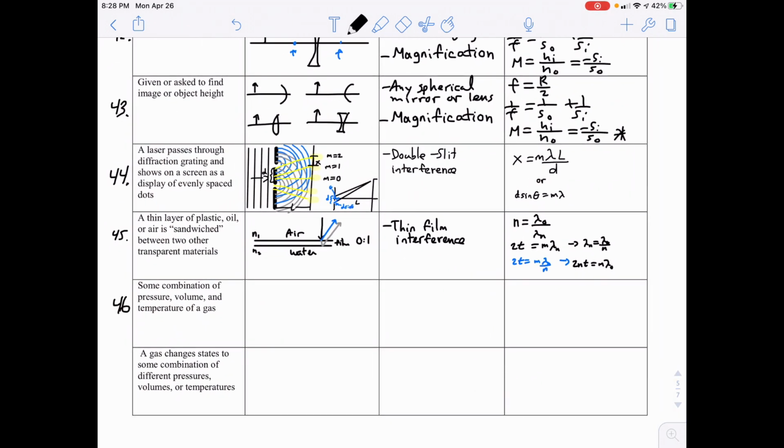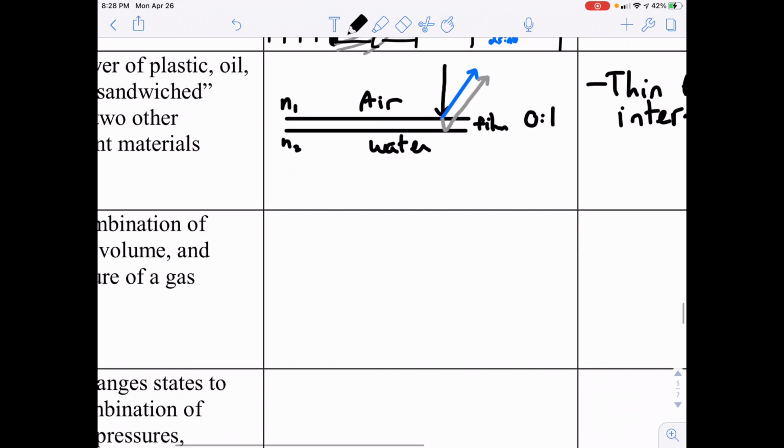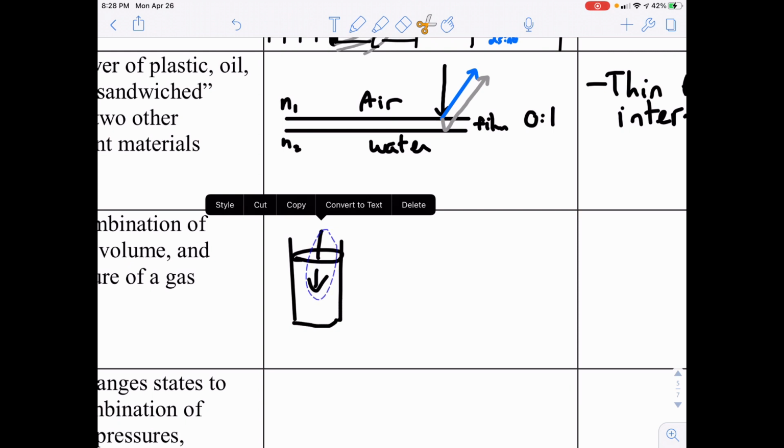Well, in number 46, we have, in this case, some combination of pressures, volumes, and temperatures, and it can be part of a picture. It could be a picture in which you have a cylinder, and then you have some sort of movable piston that's going up or down, compressing or expanding the gas, something to that nature.